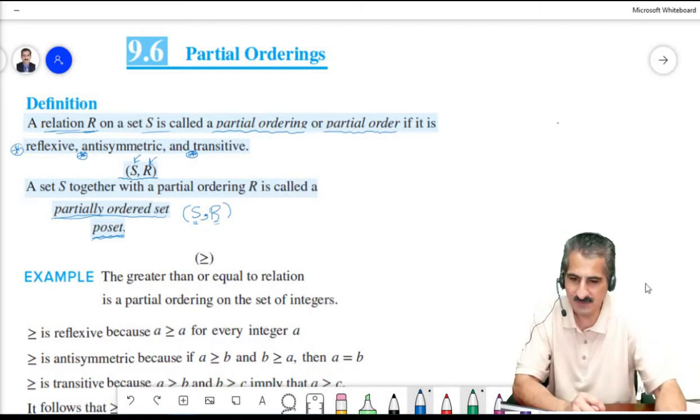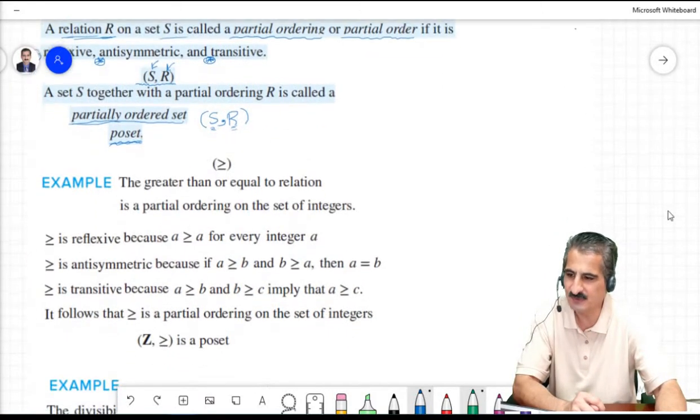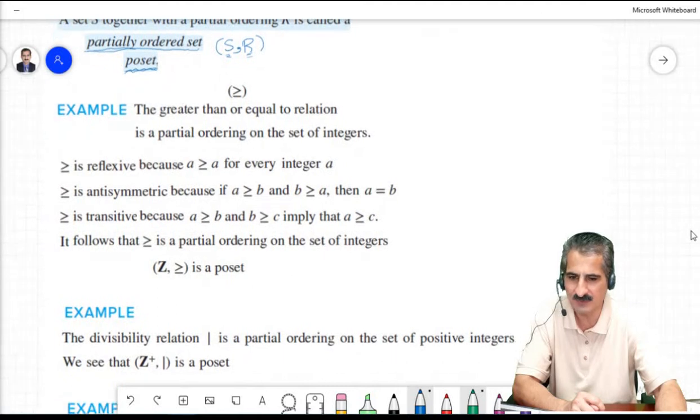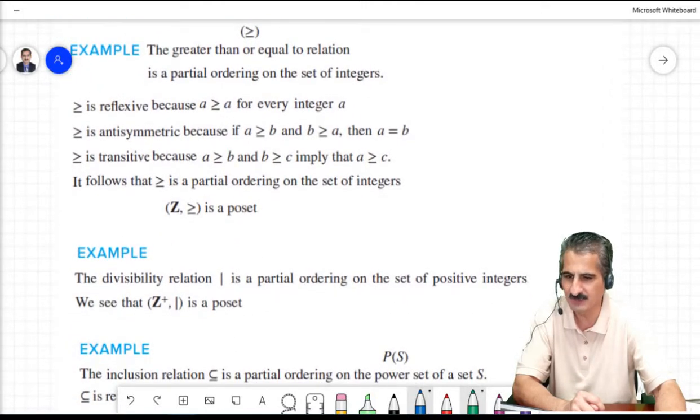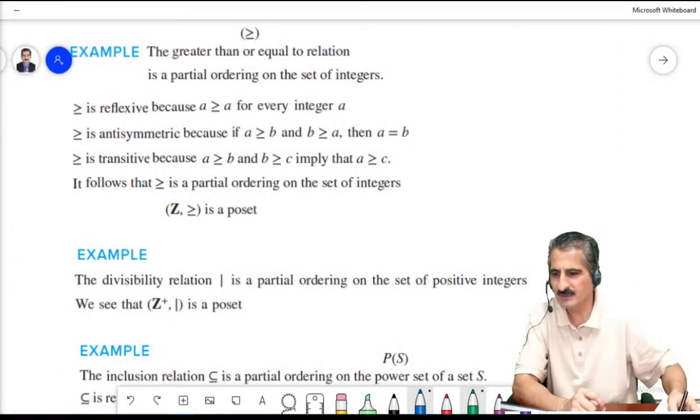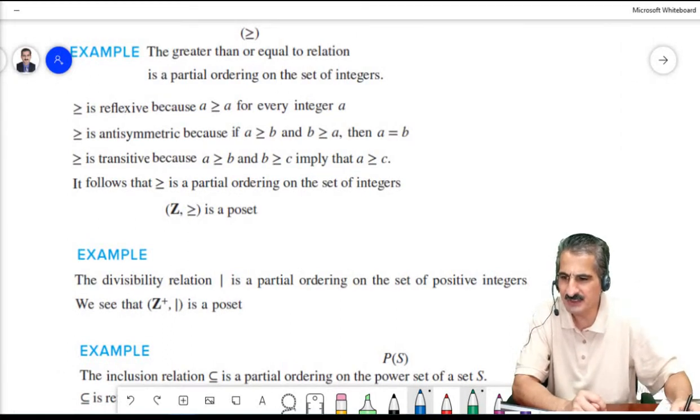So it's easy for us to see examples because we already know about these properties of relations. So let's see this example. Here we'll start with a relation which is greater than or equal. So we will relate integers on the set of integers by greater than or equal.